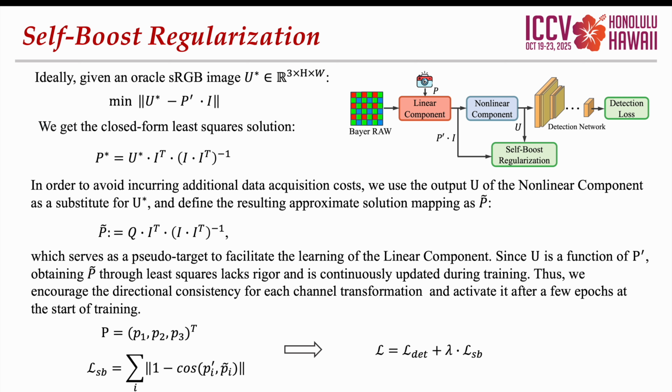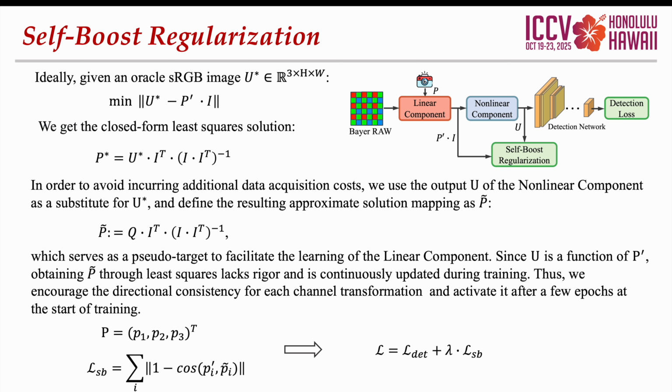So we use the output U of the nonlinear component as a substitute for U star, and define the resulting approximate solution mapping as P tilde, which serves as a procedural target to facilitate the learning of the linear component. However, notably, U is a function of P'.